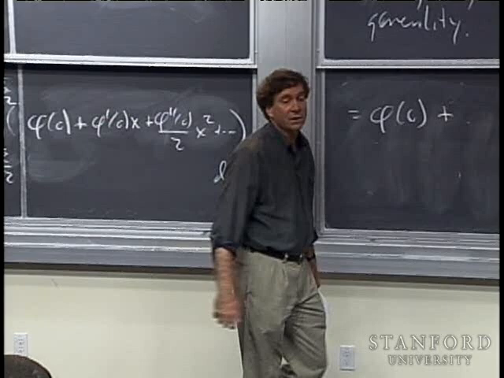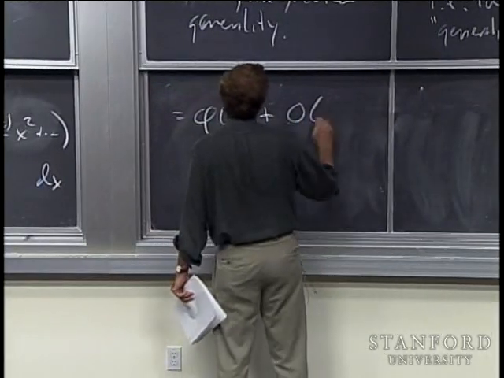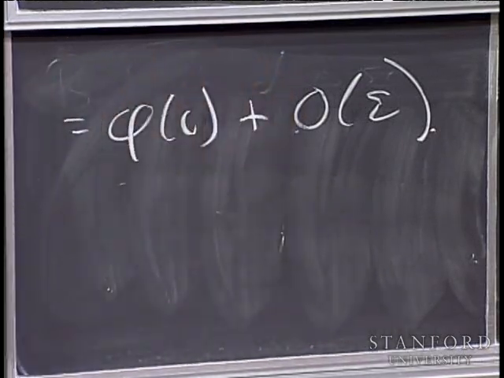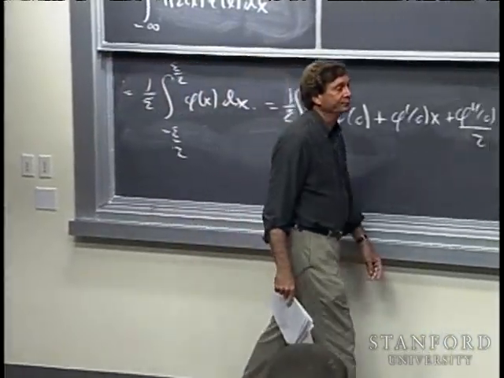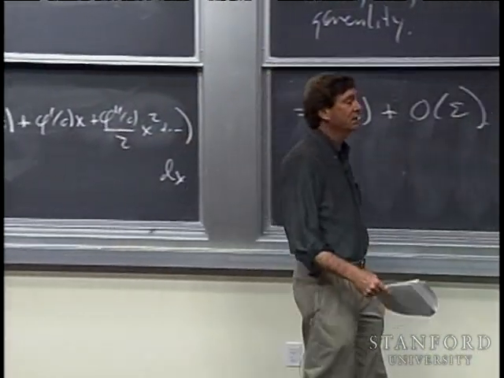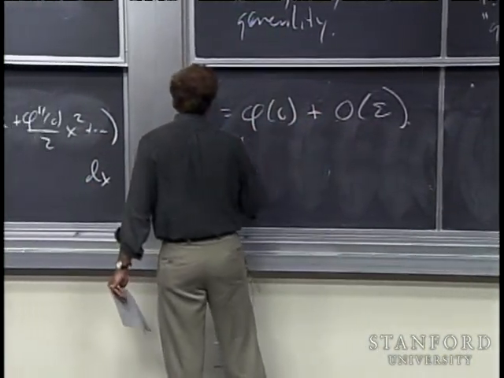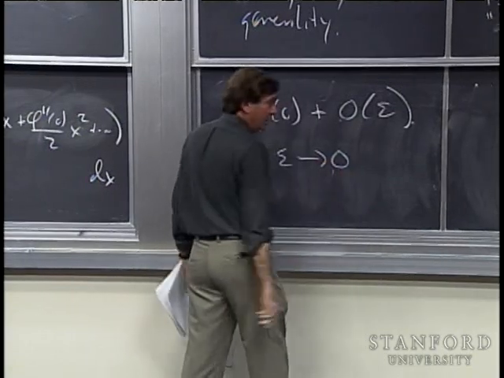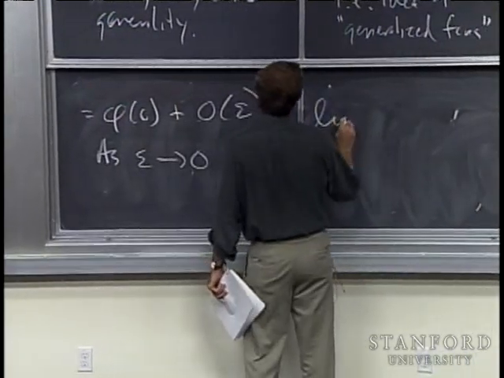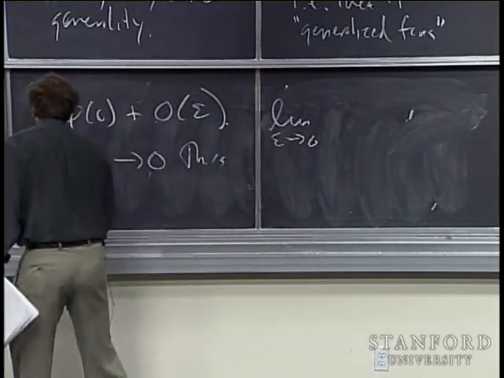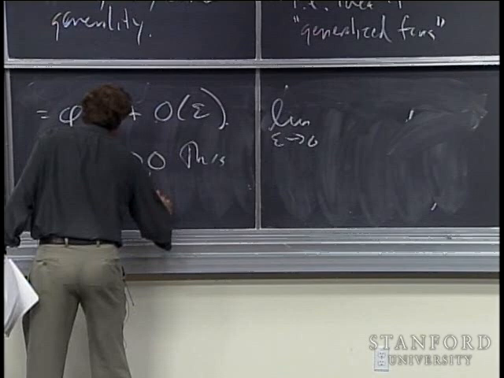All right? So the result is that beyond the first term, beyond the constant term here, I'm going to get terms of order epsilon, or higher order terms. Epsilon, epsilon squared, epsilon cubed, and so on. So what happens as epsilon tends to 0, this term goes away. So as epsilon goes to 0, the limit tends to phi of 0.